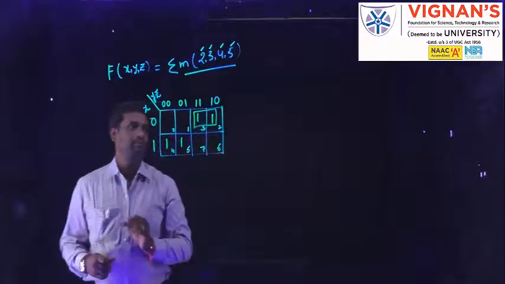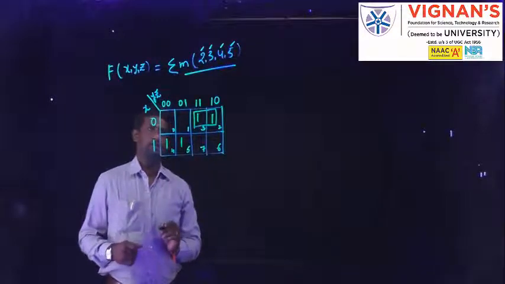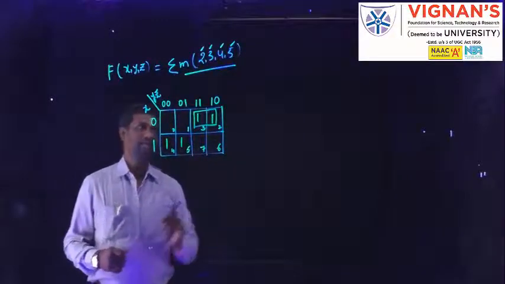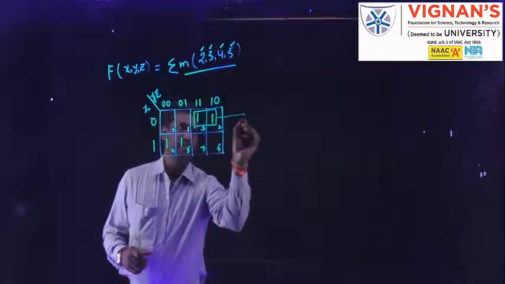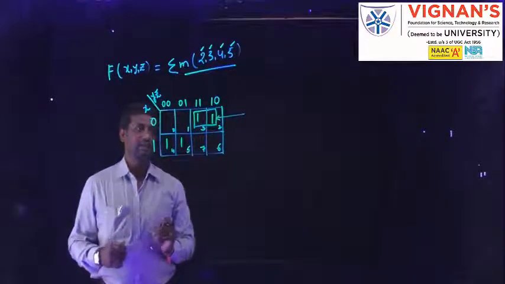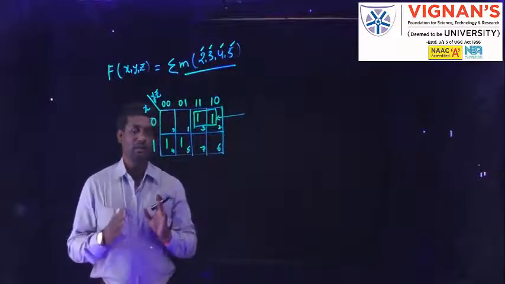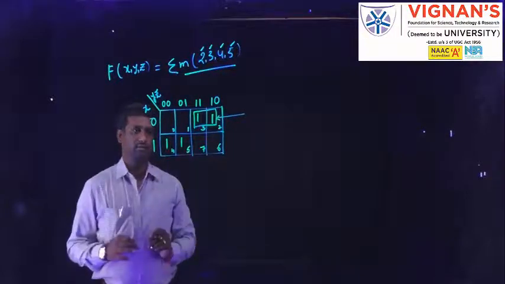Adjacent cells are paired. So I am pairing these 2 cells. By pairing these 2 cells, the simplified expression we get is the common variable from the column and from the rows.